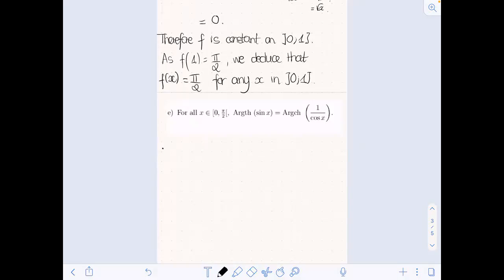So x maps to sine of x, defined, continuous and differentiable on 0, π/2.